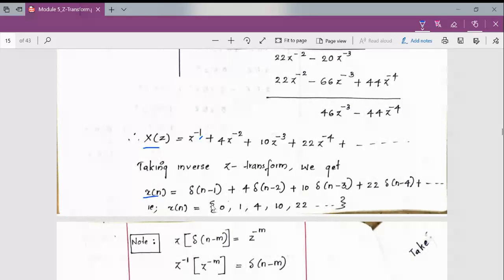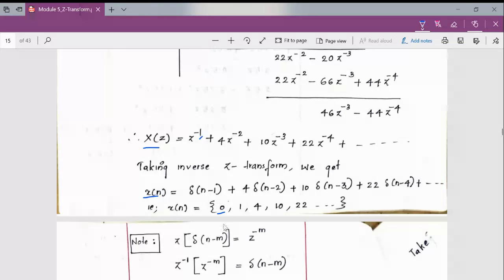Then from that we have to list the coefficients of the impulse functions, that is 0, 1, 4, 10, 22. Here there is no 0 term, so how does it become 0? Delta of n minus 1 means the value of x of n at n equal to 1. So we have to start a function from its 0 origin.